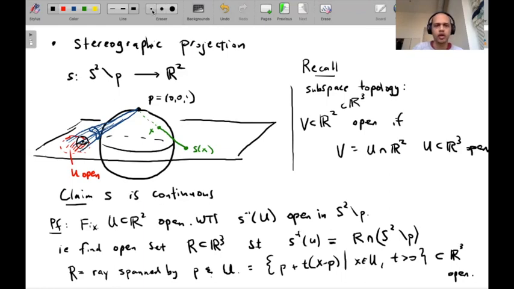Maybe I'll let you think about that, and not go further into details here. S inverse of U is exactly all of the points on this ray that meet the sphere, since this is how this map is defined.